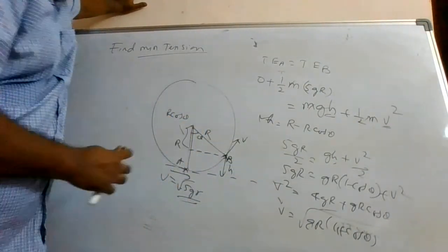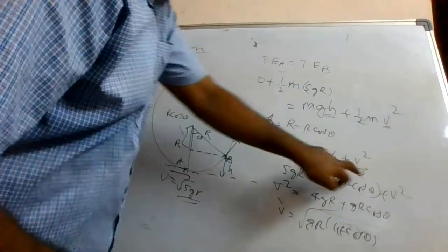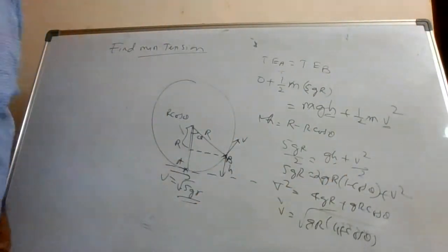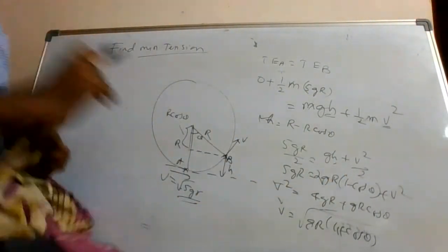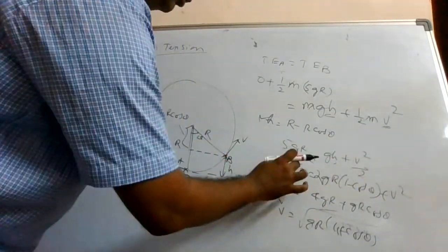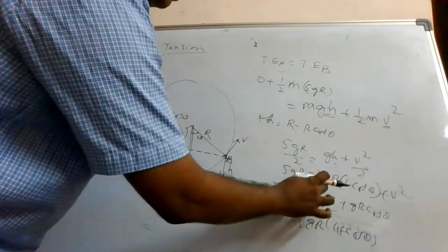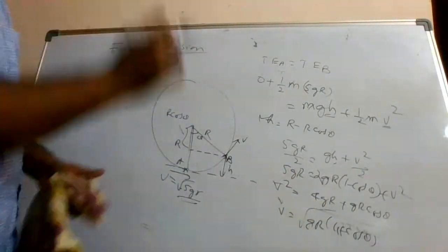Yeah, I did a small mistake here, you see. When you are multiplying both sides with 2, this value will become 2, no? This I made the mistake. See, multiplying both sides with 2, this will become 5gr. This term will become 2gh, no? So here 2 will come. This I missed.